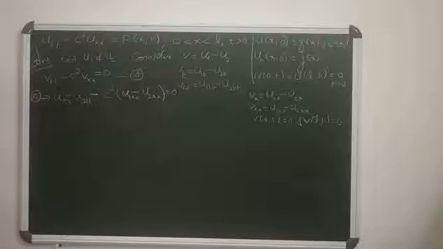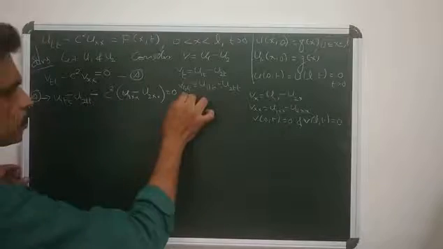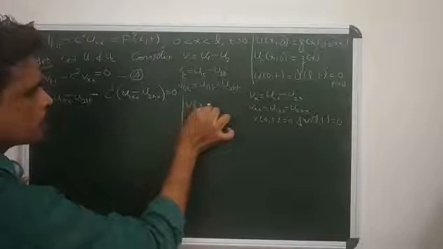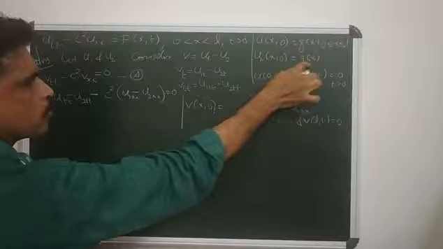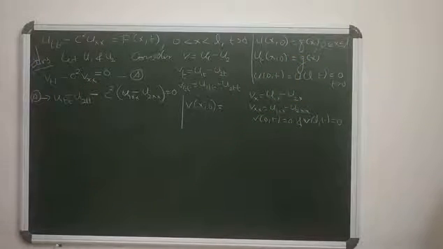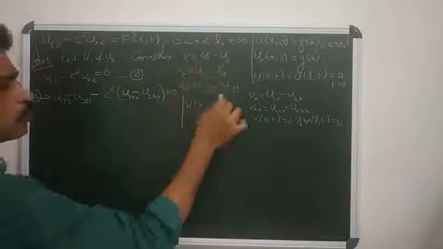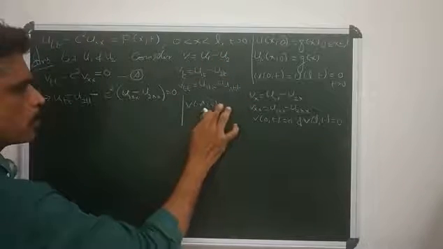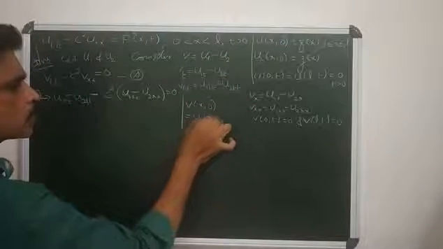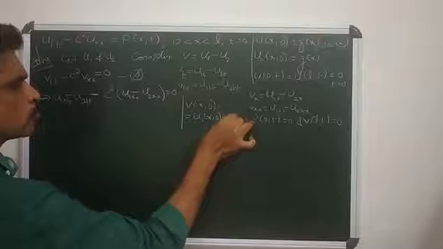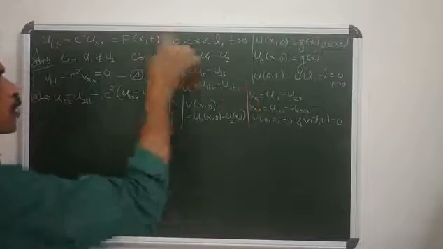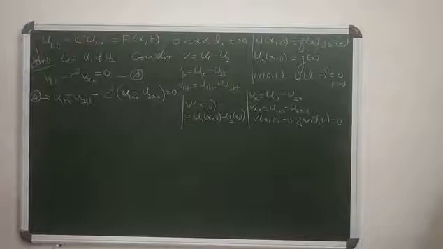So what is v(x,0)? v(x,0) equals u1(x,0) minus u2(x,0). When u is the solution of this problem, u(x,0) equals f(x).